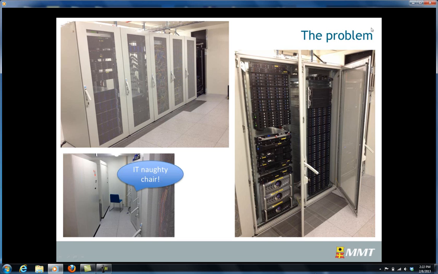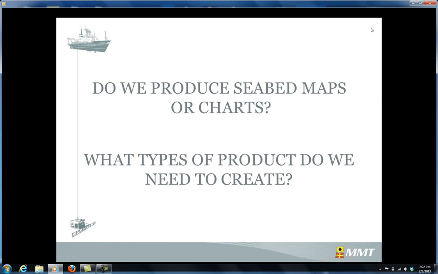And this is really the fundamental, when you're looking at how to manage bathymetric data, one of the things you have to ask yourself, or as an organization, is are we actually producing charts or are we producing maps? And what type of product do we need to create? Because there are other packages out there that you can get, but they basically just deal with bathymetry, and they just stop at bathymetry. But we have backscatter, we have geophysical data, we have seabed samples, geotechnical data.